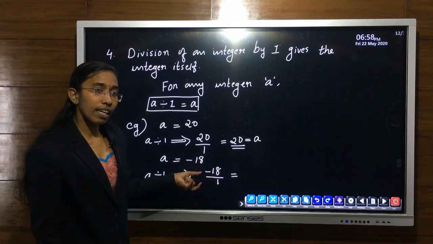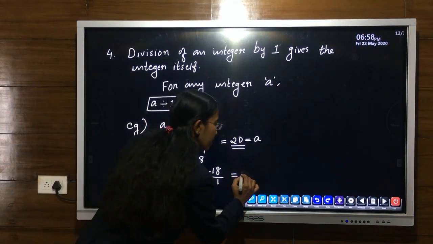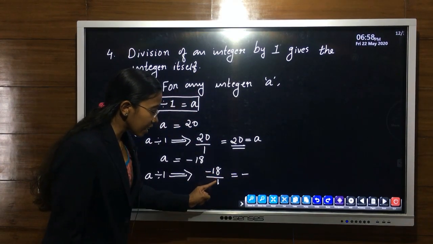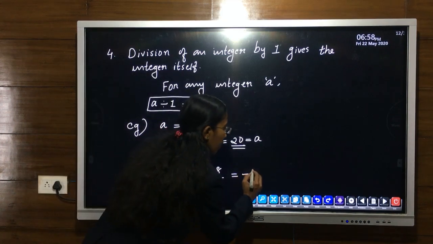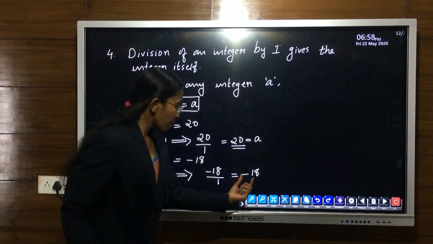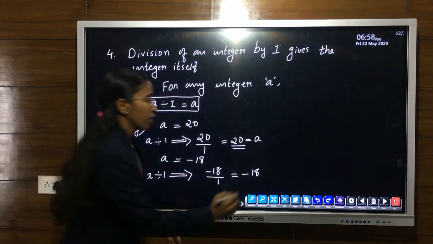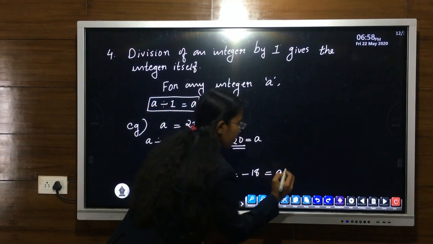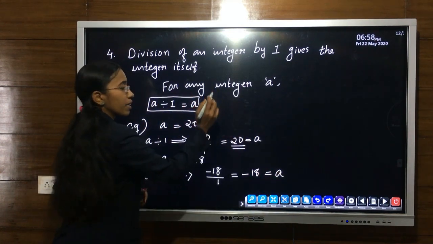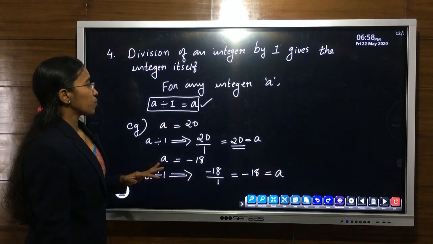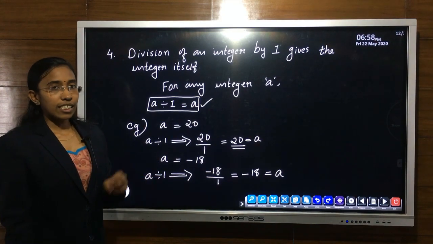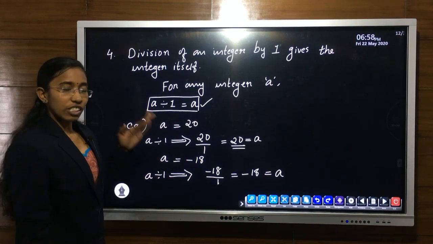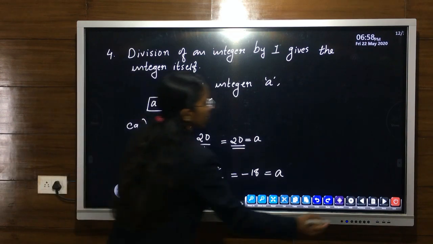In the case of division of unlike integers, our answer is always negative. What is 18 divided by 1? 18 itself. This minus 18 is our a, which means this is equal to a. So this property is also satisfied, which means division of an integer by 1 gives the integer itself.